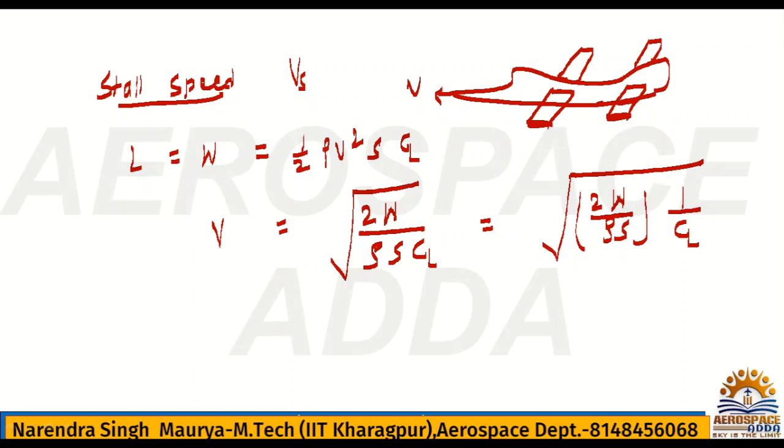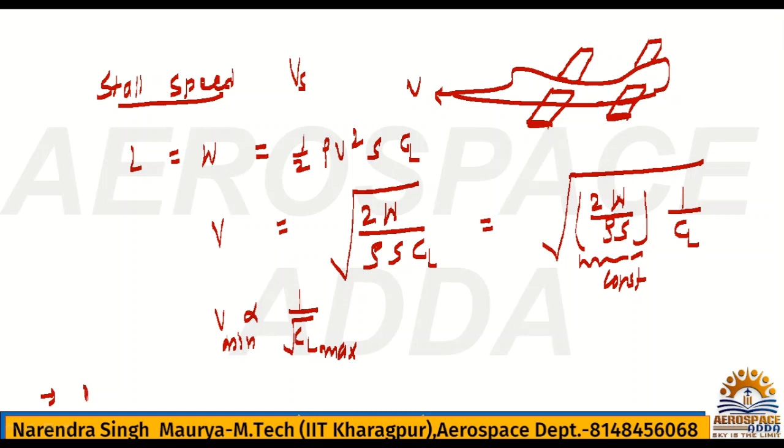This 2W by rho S is nothing but a constant. Yes or no? So you can say V is inversely proportional to 1 upon root CL. So if you have CL max, then this V will be minimum. So what is the stall speed?